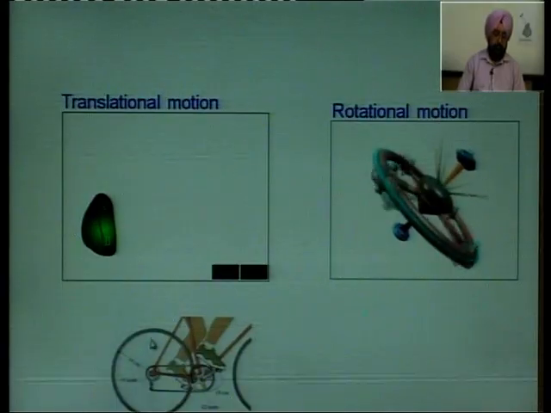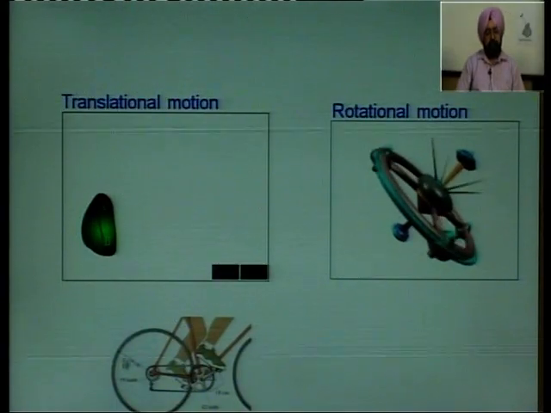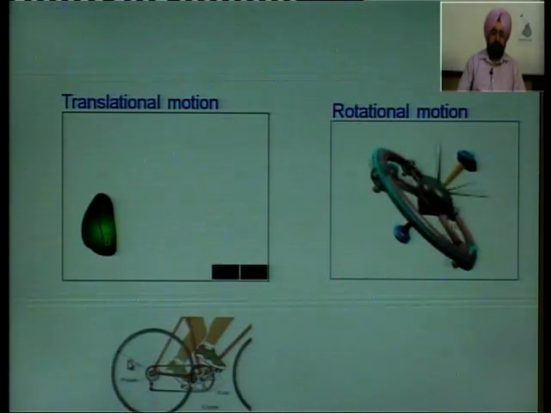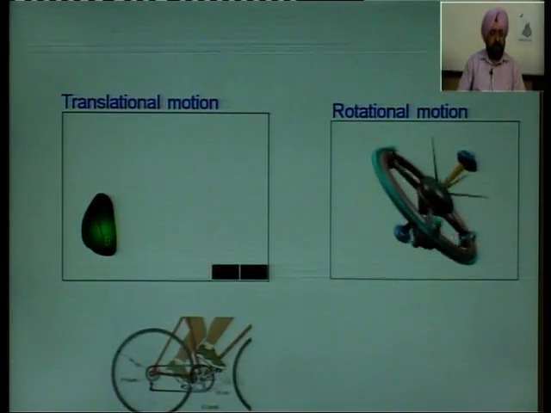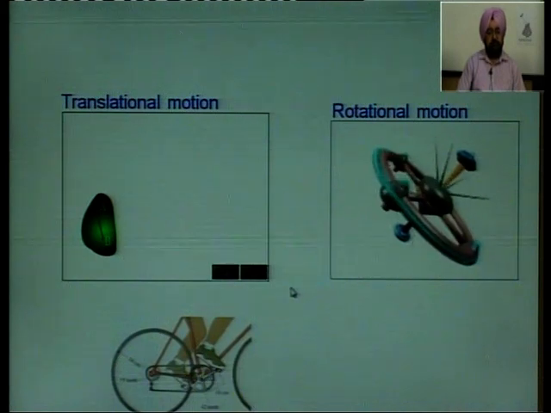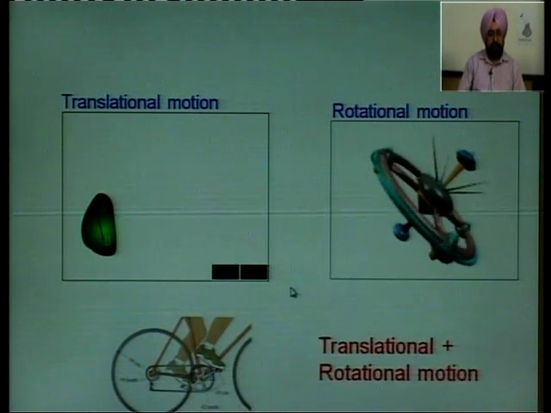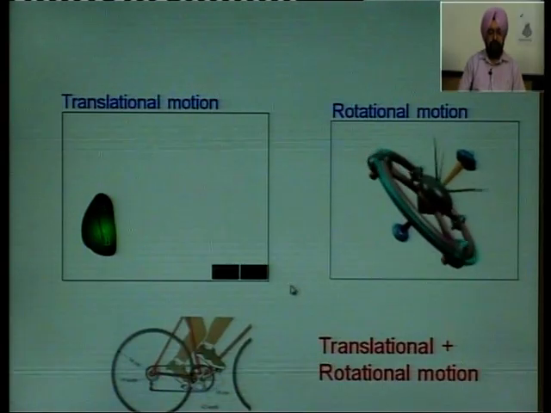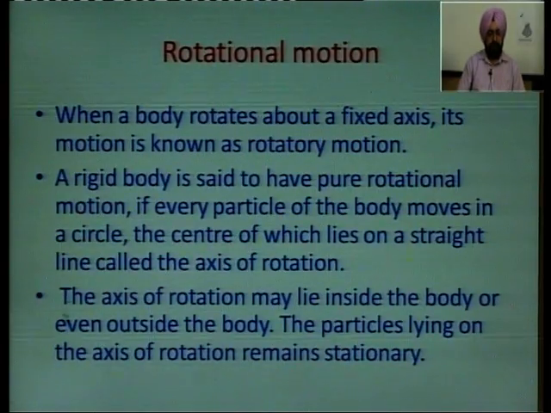If you take a bicycle, you see that the wheels of the bicycle rotate as well as do translational motion. So, here both translational as well as rotational motion take place.